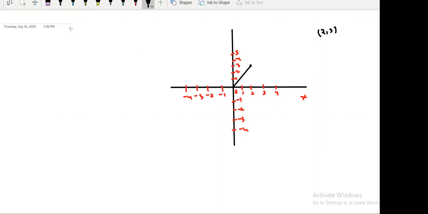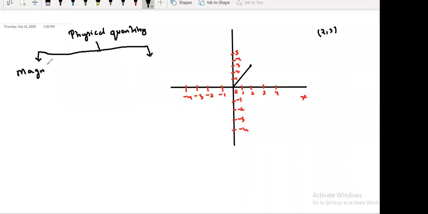When we talk about physical quantities, they are of two types: either only magnitude, or magnitude as well as direction.